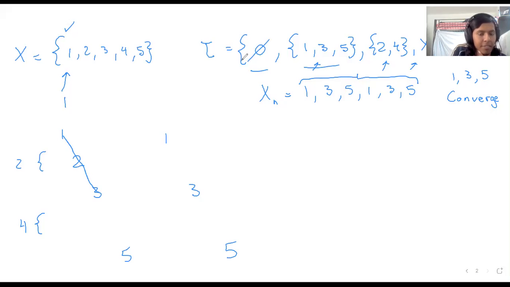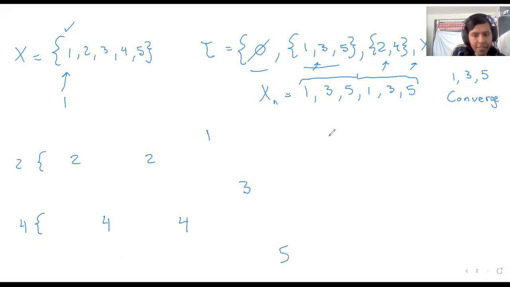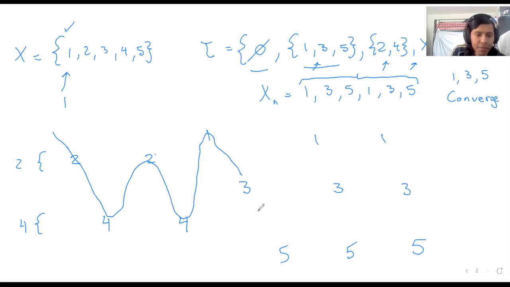So it doesn't matter if the sequence was 2, 4, 2, 4, 2, 4, if it ends up becoming 1, 3, 5, 1, 3, 5 at the end, because as you can see, it'll go in, I'll draw the snake, in, but then it doesn't stay in anymore, it just goes out.